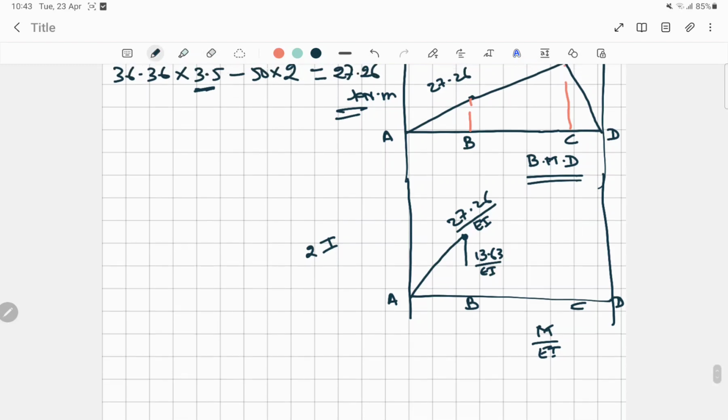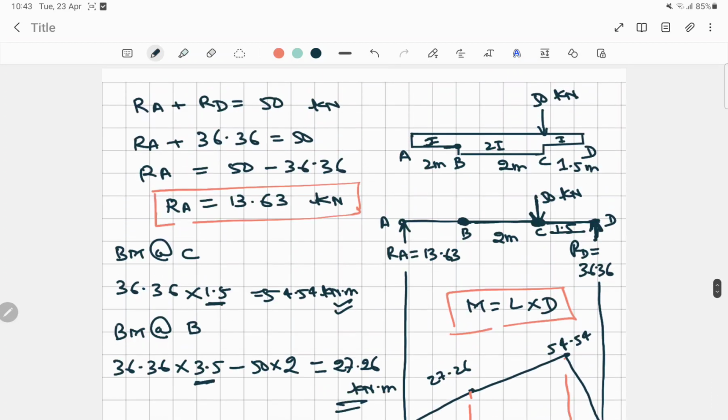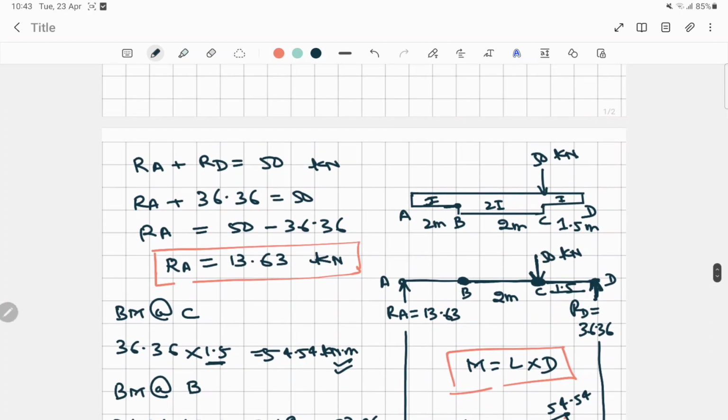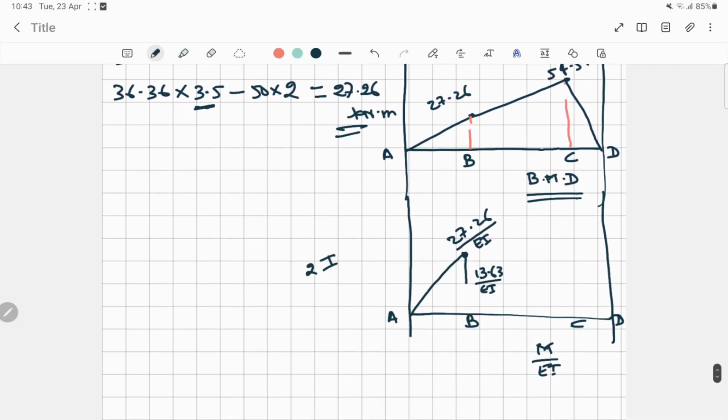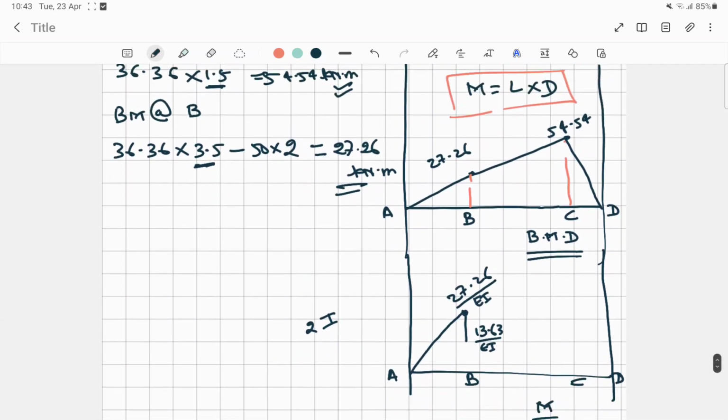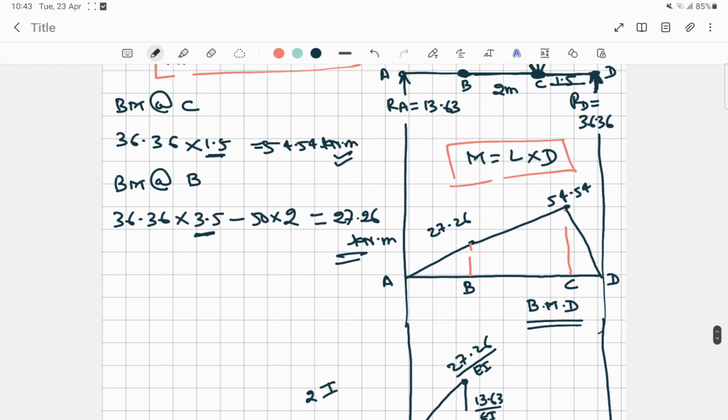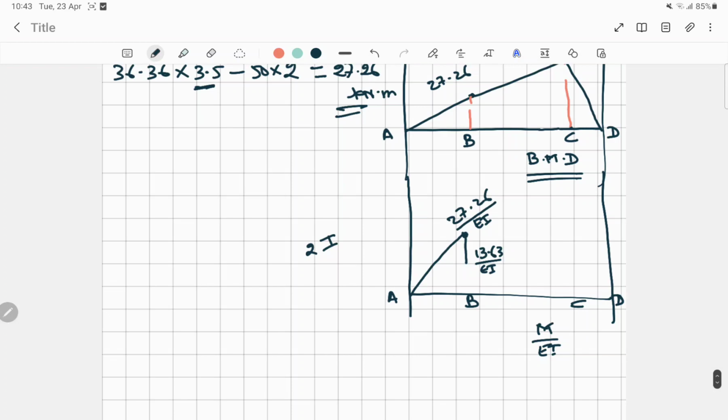Okay, I'll rub this point now. Again B point is okay, and again for the C point it's also the same, one side is shared with the I and 2I. So first we'll do for the 2I value. We have a value of maximum bending moment at C point. Now we have to divide this one with 2, so we'll get the value around 27.27.